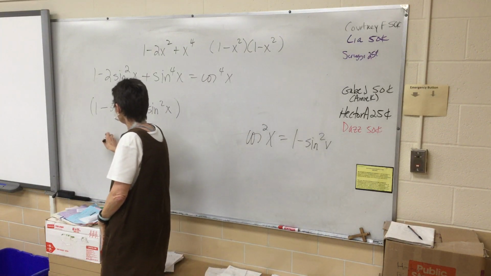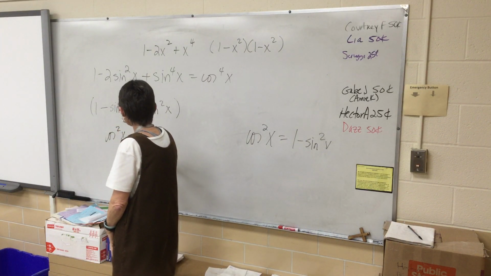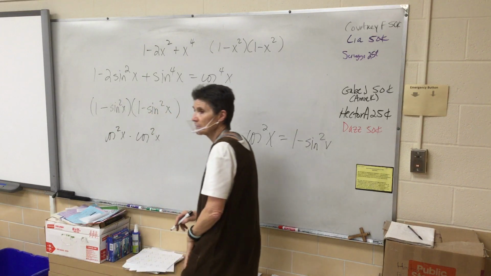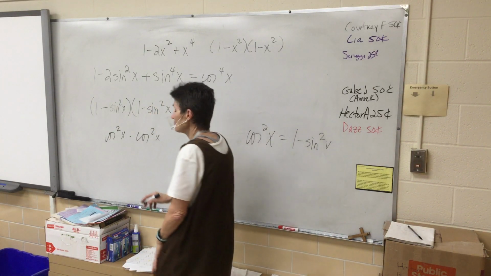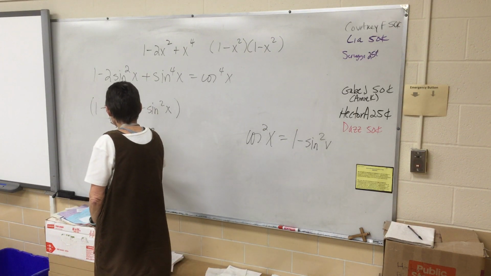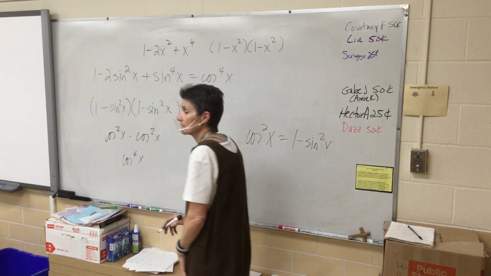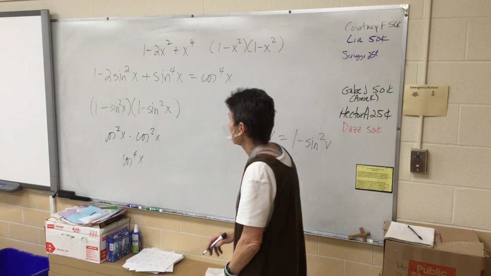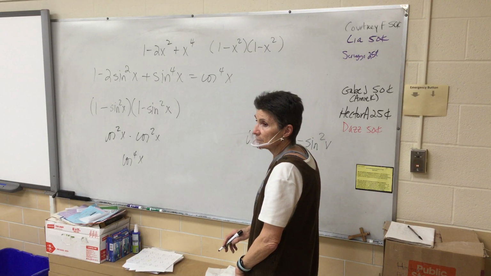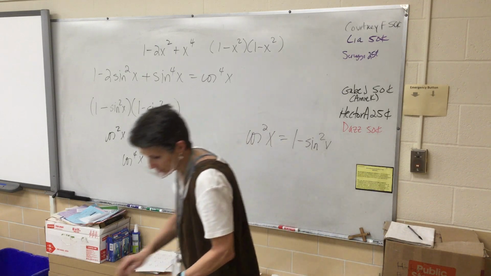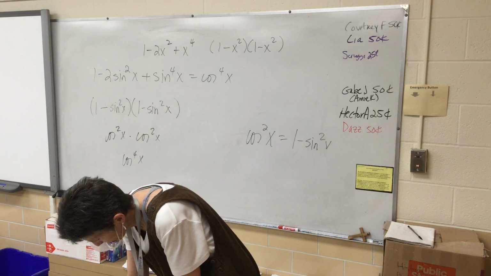So now you've got cosine squared times cosine squared. We're multiplying, so that would be cosine to the 4th. Okay, good news.